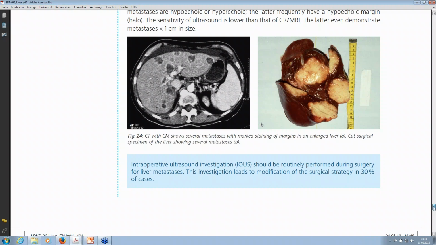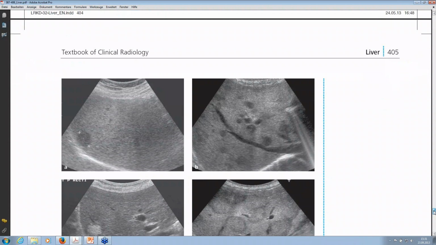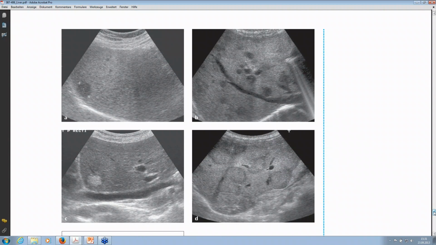Again, we see that the ultrasound is in the first line, and then we move on to the more descriptive and more accurate cross-sectional imaging techniques. Here there are 4 beautiful examples of metastases, beautiful because of the composition of the most important types.